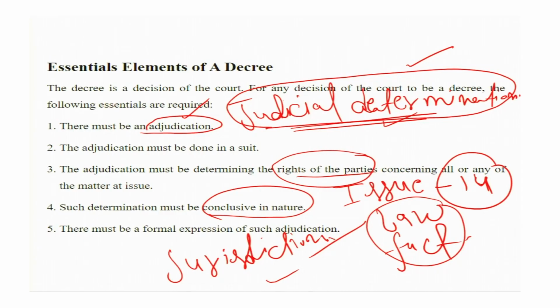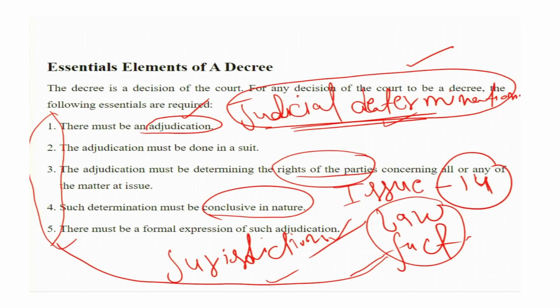Then the court will decide this issue first and then the issues of fact. This decree you will get, all these 5 points are related with the issues of fact, because there is a need for adjudication, a complete, final adjudication, and that must be through a civil case or civil proceeding.